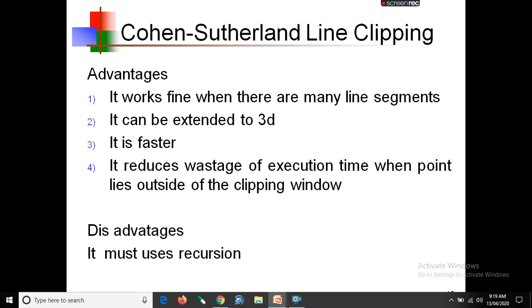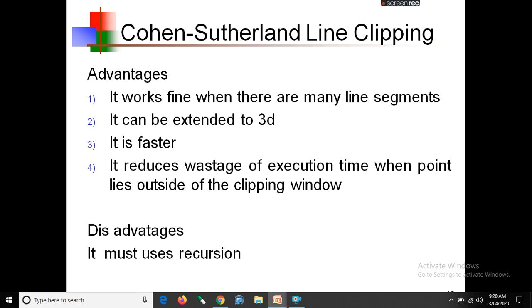This is the first advantage. The second advantage is that this algorithm can be extended to clip three-dimensional objects. As I said, it is faster. Fourth, it reduces wastage of execution time when a point lies outside of the clipping window.